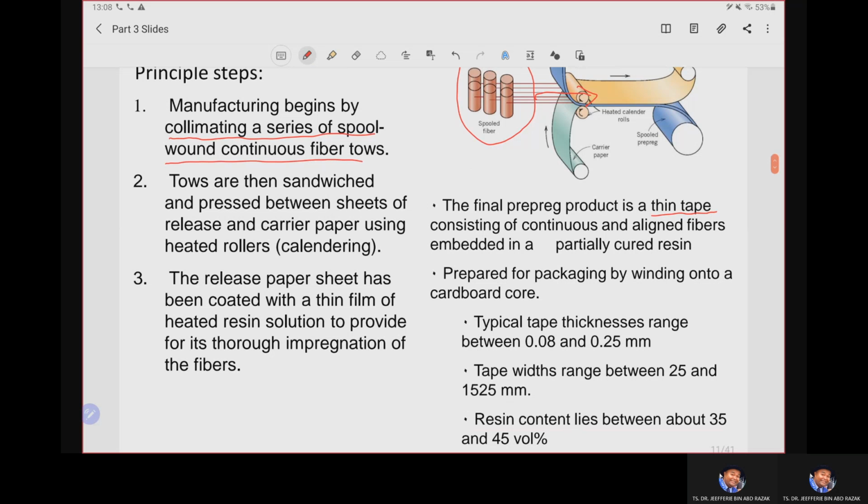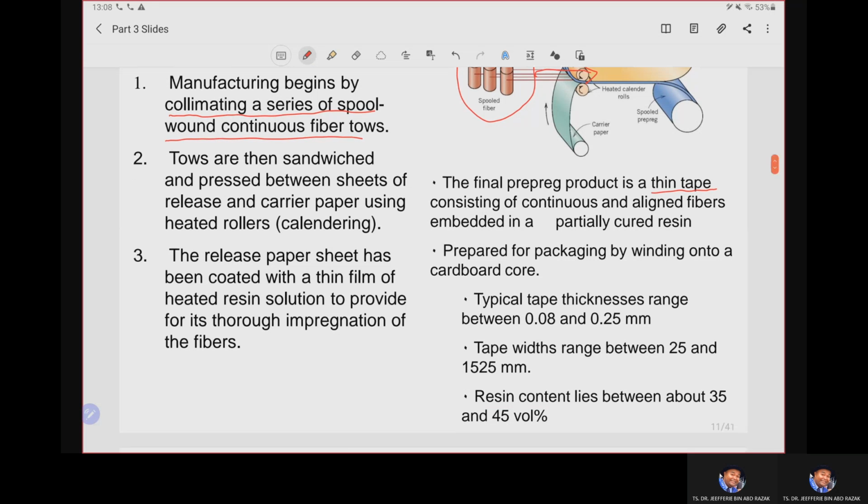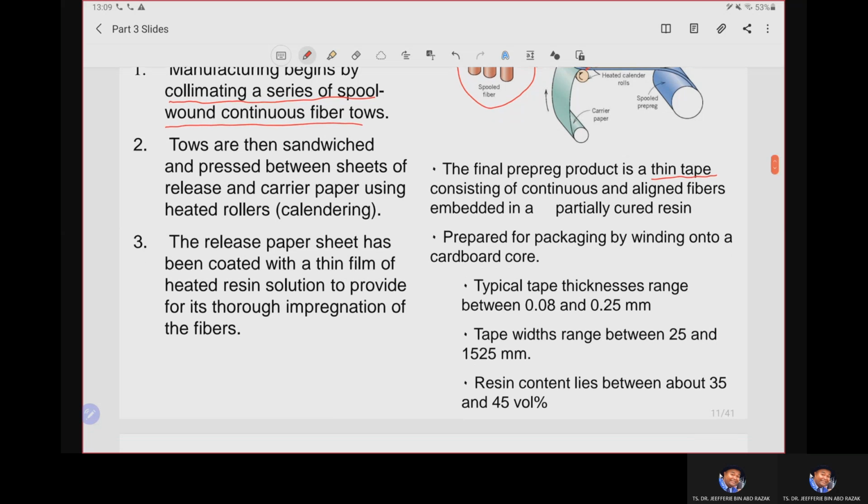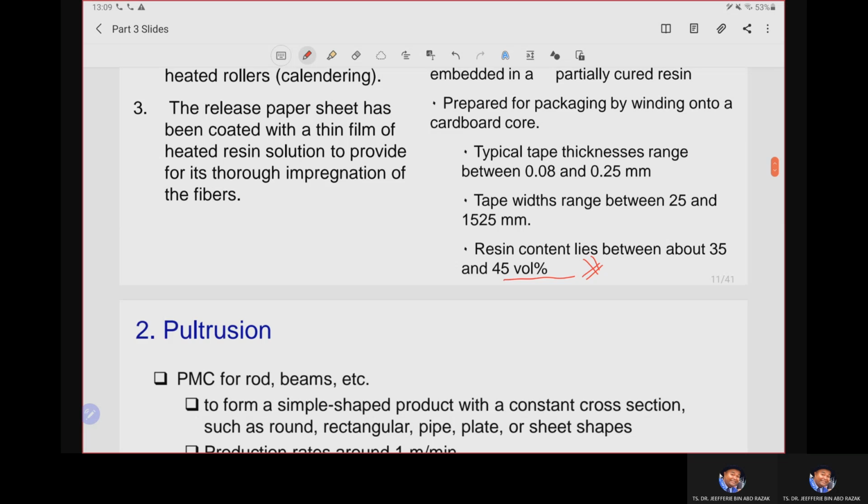Typically, the prepreg has a thickness in the range between 0.08 and 0.25 millimeter. It's very thin. The tape width ranges between 25 and 1,525 millimeter, and the matrix resin content lies between 35 and 45 volume percent.